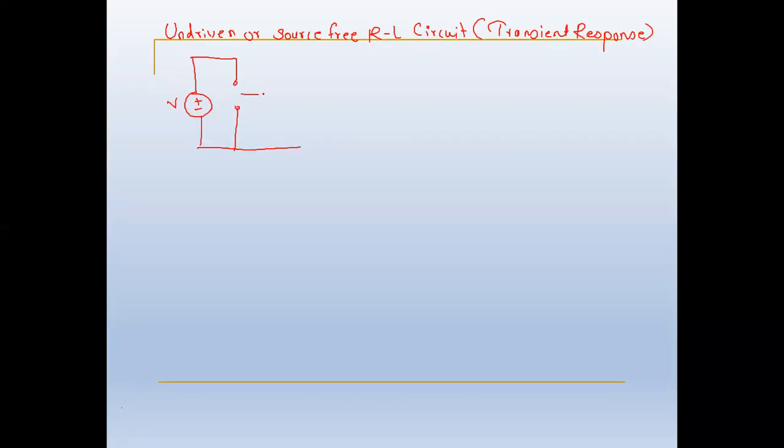Then it has one connector, or contactor, then a resistor, then one inductor, because it is the RL series circuit. Let us define the voltage across the inductor as VL of t. There are two points, A and B.